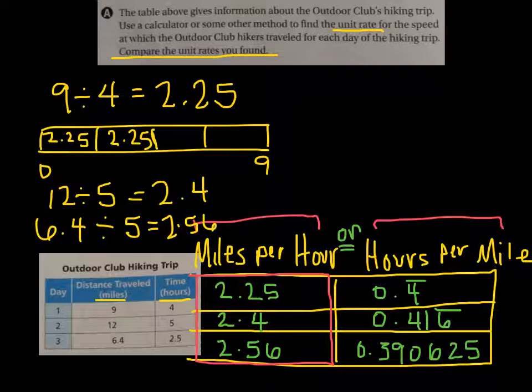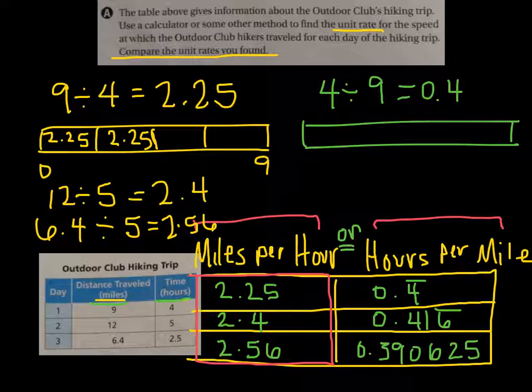Hours per mile can also be calculated. However, this time you are going to be taking the hours and dividing it by the miles. So, 4 divided by 9 equals 0.4.